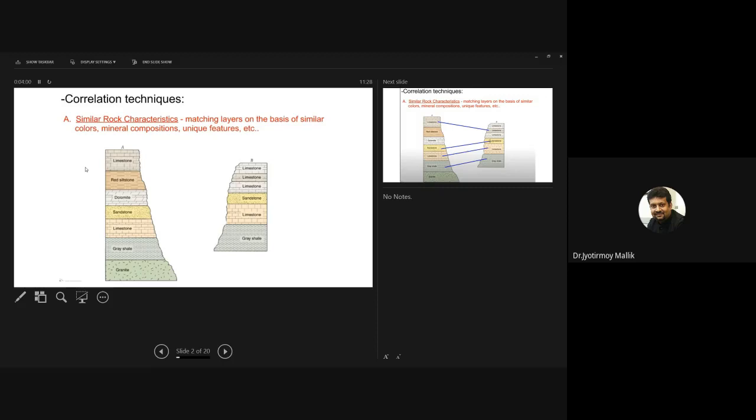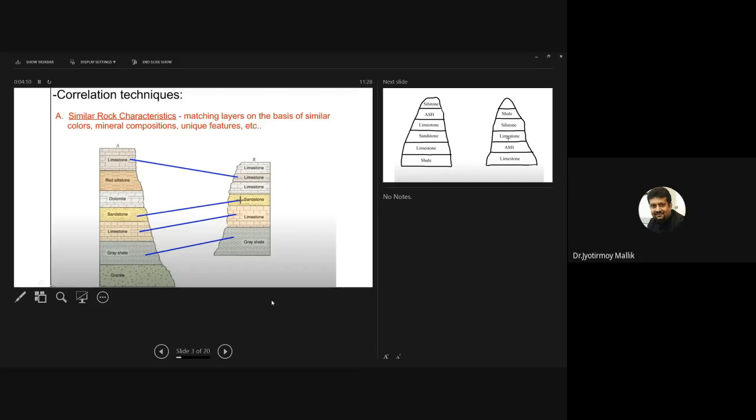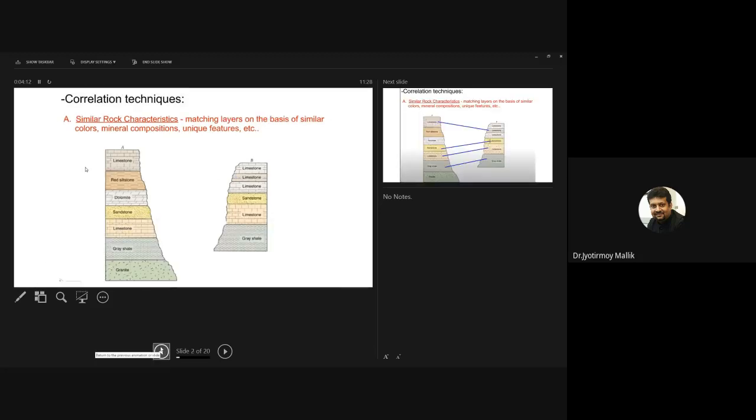Now, if we look at this particular example, we can see two log columns, A and B, right?